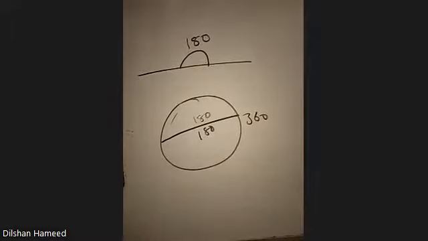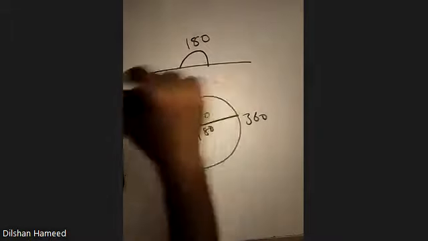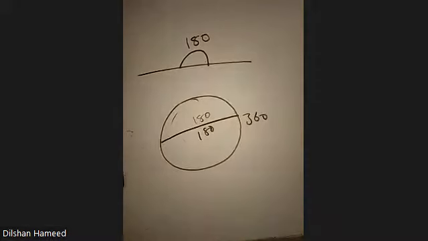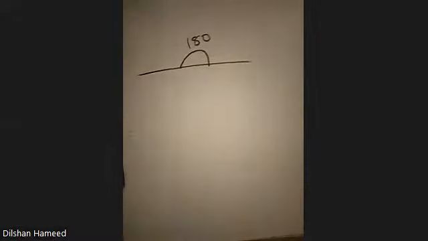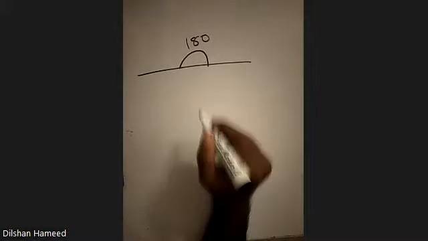So if you take a straight line, it is half of the circle, so it is 180 degrees. So you know that a circle is 360 degrees and a straight line is 180 degrees.